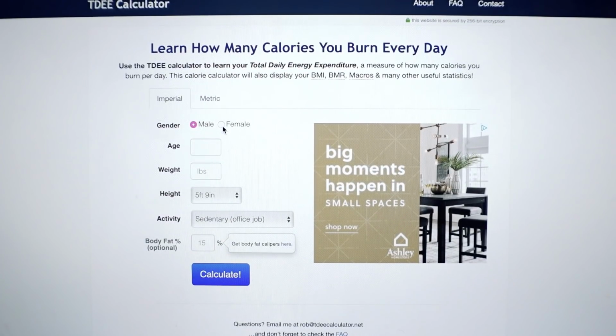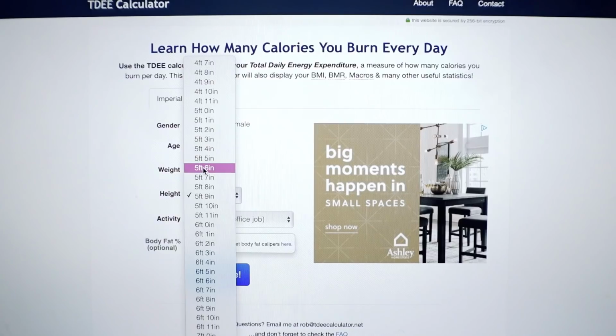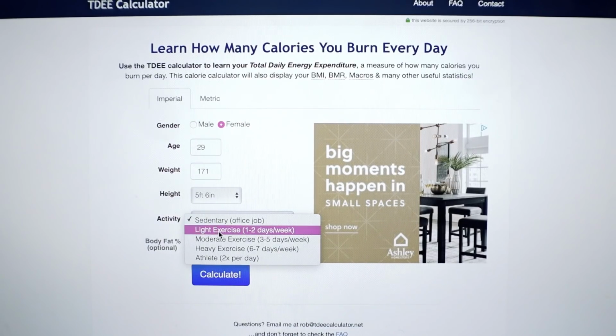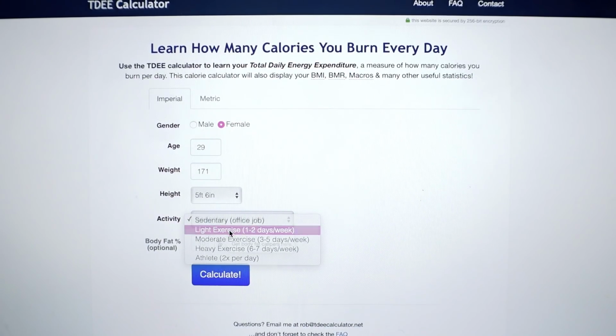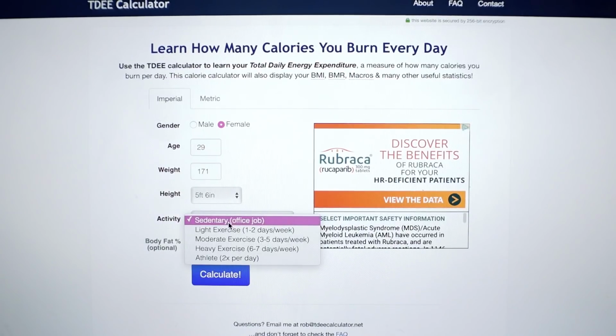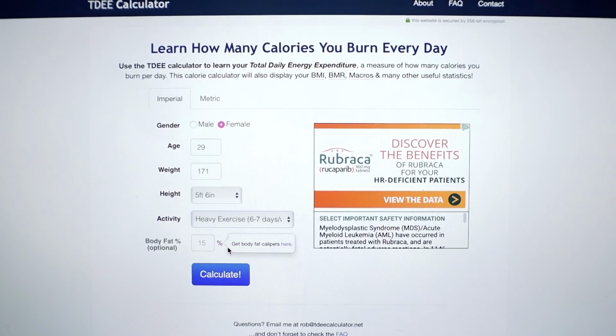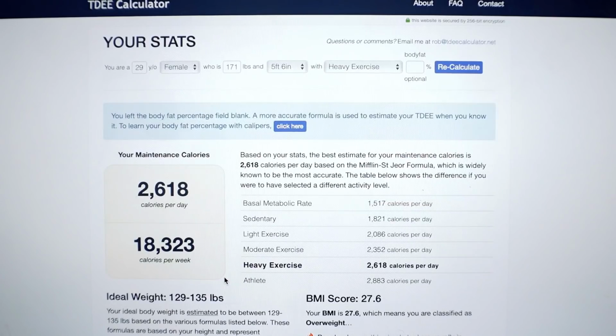Up here, it gives you a few options to enter some information: gender, female, age 29, which is crazy, weight 171, height is 5'6", activity, it gives you some breakdowns of choices to choose from. I work out 6 to 7 times a week, so I'm gonna do heavy exercise. And body fat percentage, don't have that on hand right now, so I'm just gonna go ahead and do calculate.